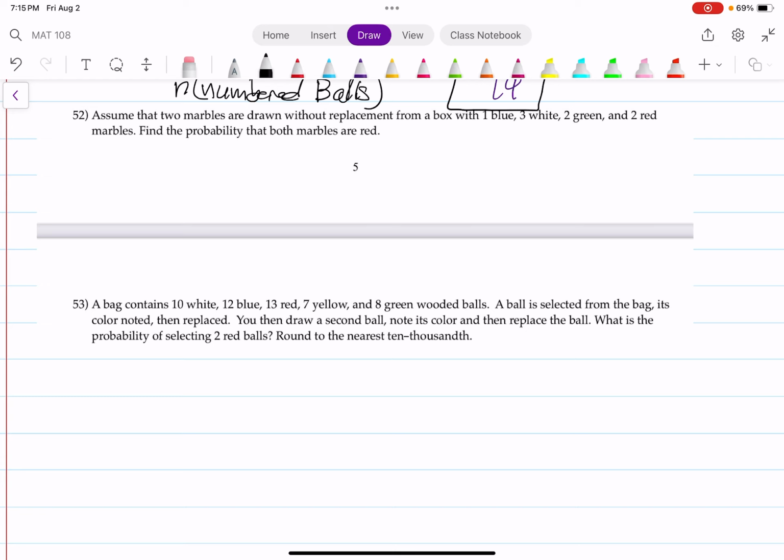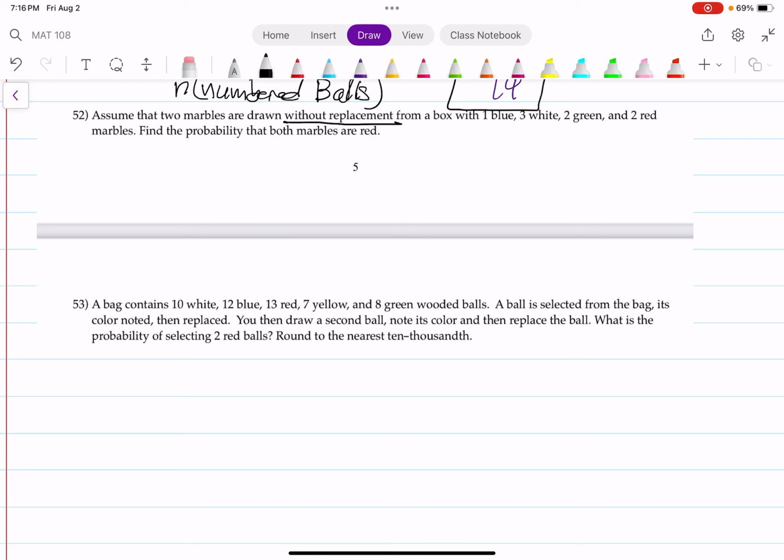So without replacement means that when I take the first marble out of the box, I am not replacing it. So there are 10 marbles in total. No, there are 8 marbles in total when you add them up together. So on my first attempt, I have 8 possibilities. But on my second attempt, I'll have 1 less because I didn't replace the marble.